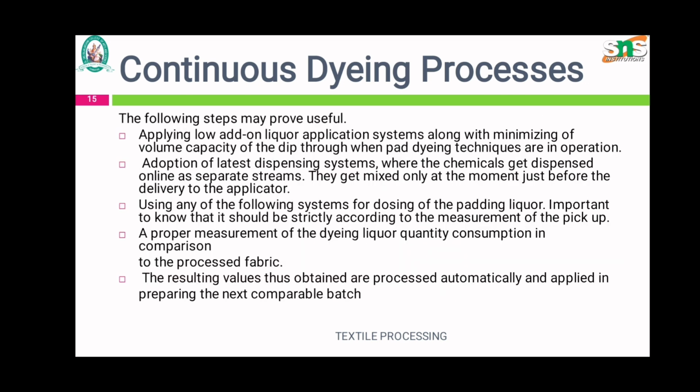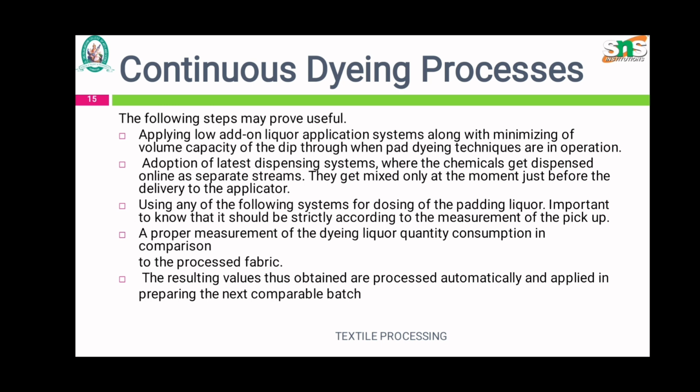For the continuous dyeing processes, the following steps may prove useful. Applying low add-on application systems along with minimizing the volume capacity of the dip trough when pad dyeing techniques are in operation. Adoption of the latest dispensing systems where the chemicals get dispensed online as separate streams.